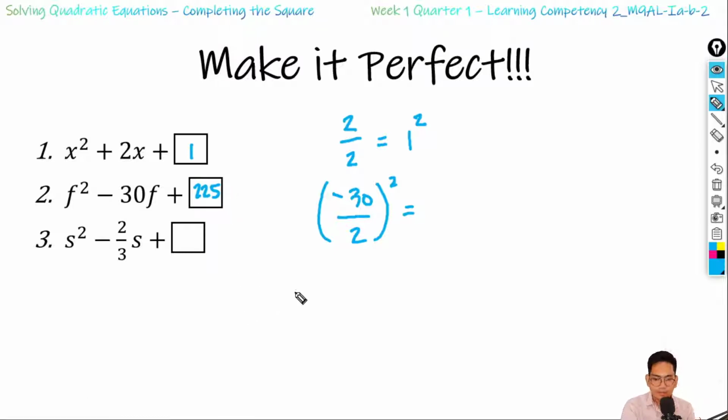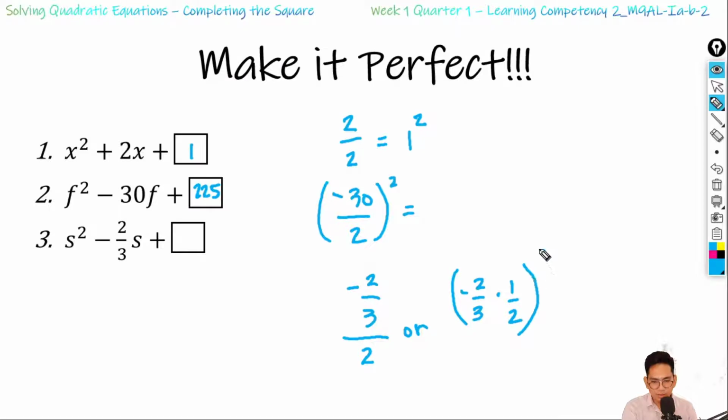And number 3, how about this one? Can you answer the third one? Okay, correct. Again, we just have to get negative 2/3, and this time divide that by 2. We can also write this as negative 2/3 multiplied by 1/2, instead of dividing by 2, and then quantity squared.